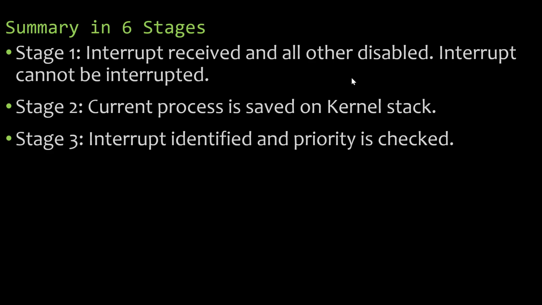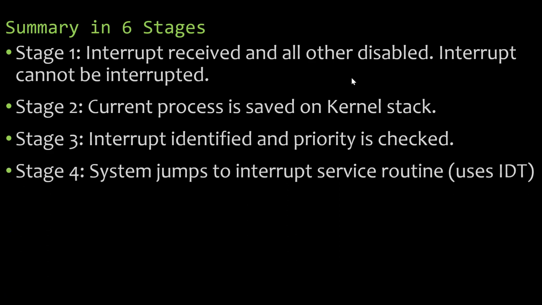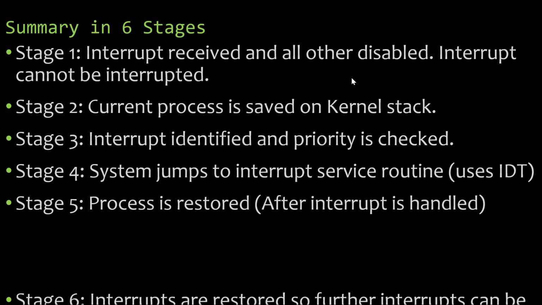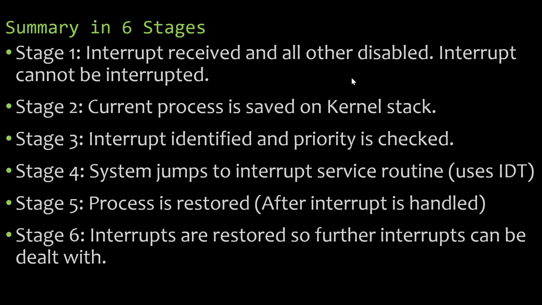Is it time or is it necessary to interrupt the current process that is happening? The system jumps to the interrupt service routine using that help guide if it has a higher priority. The process is restored after the interrupt is handled, and then interrupts are restored, so further interrupts can be dealt with as we move on using the computer.